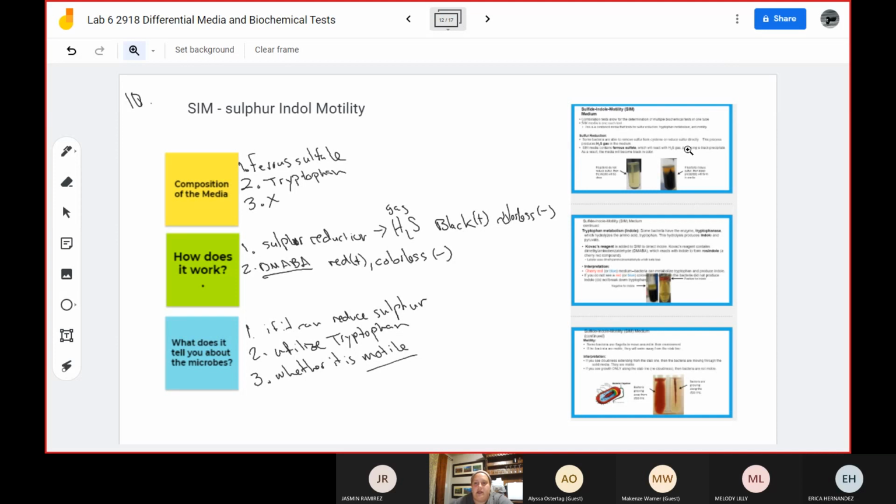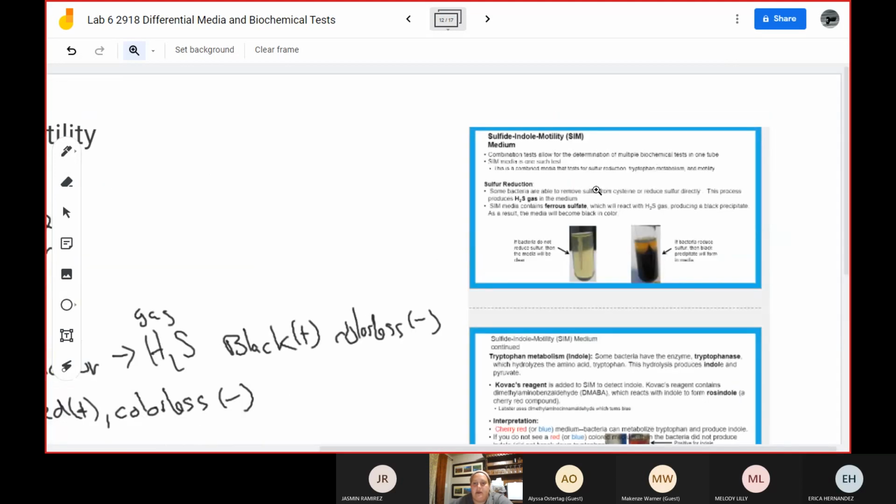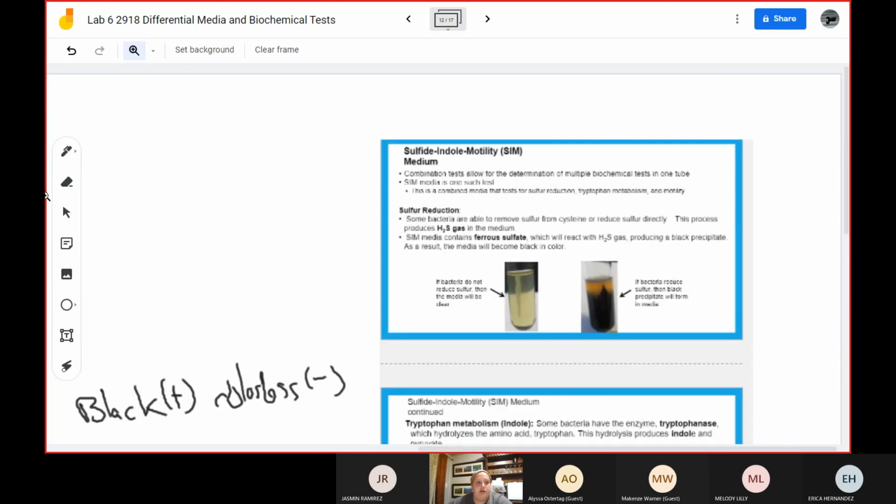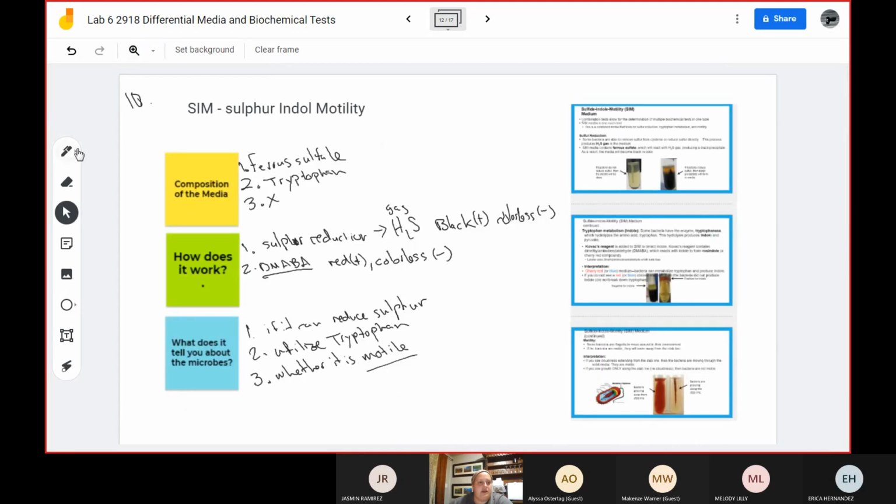So for this media, it is differential. Let's write this down first: differential. It's a differential media. It's not really selective or anything.